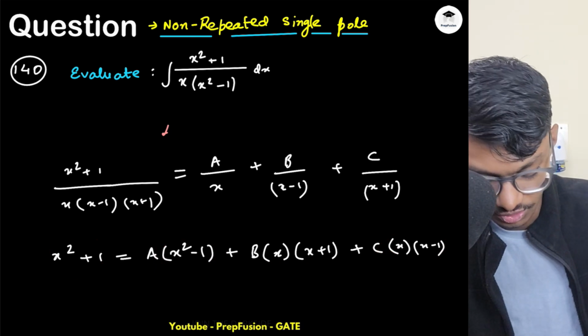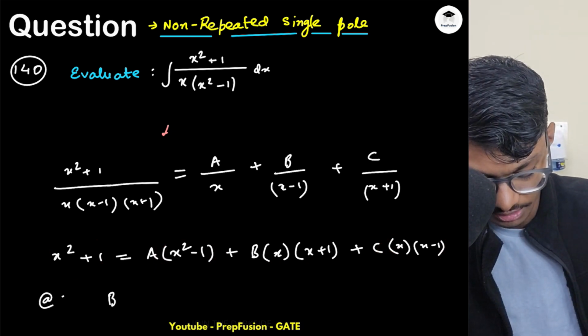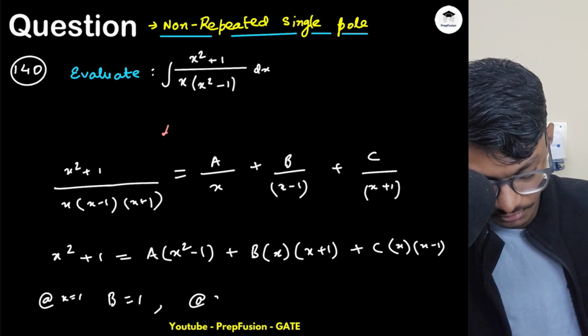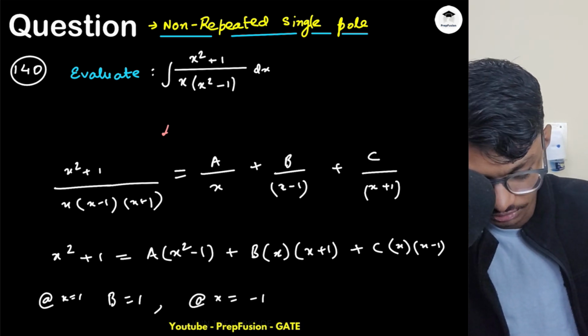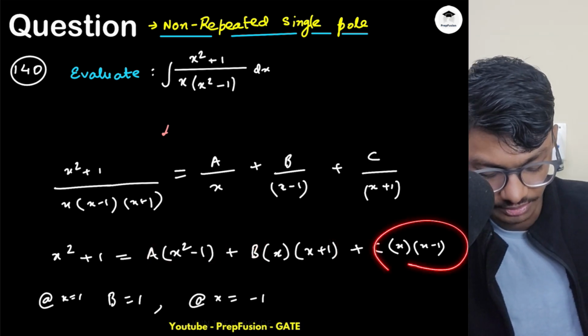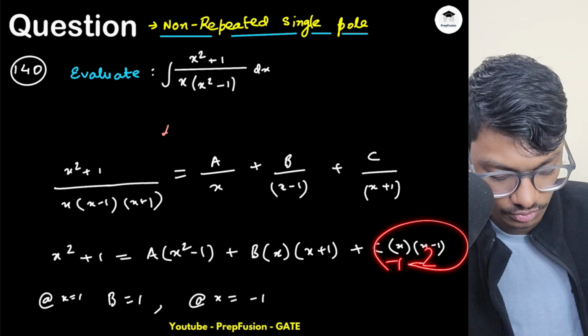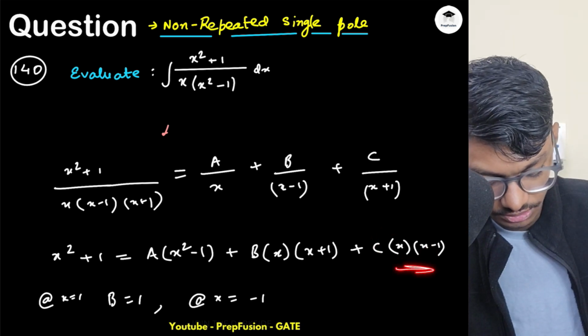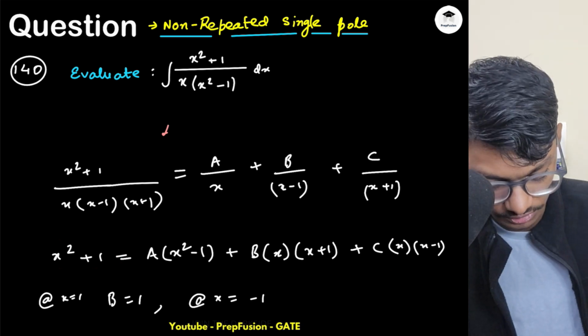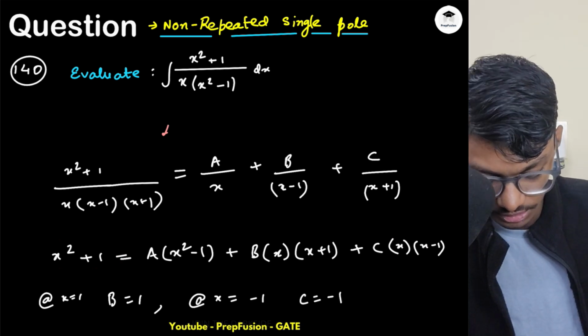So b is equal to 1. At x equals -1, if I put it, this one will go to 0, this one will go to 0, but this one will still remain. This is -1 times -2, so this is -2 and this is +2. So here I will get -1. c is equal to -1.